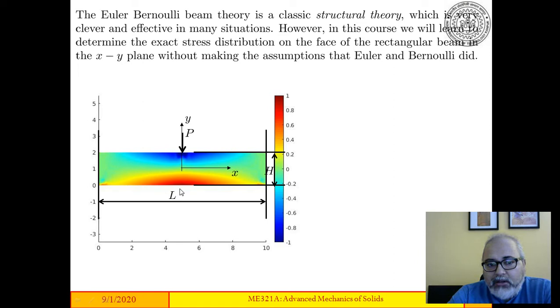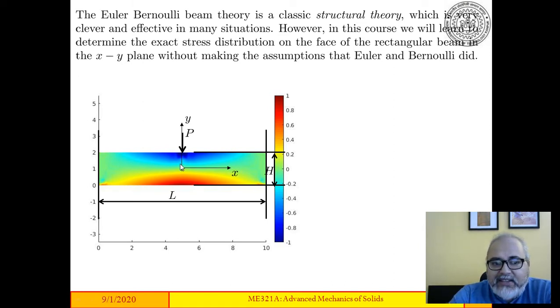In particular, look at this part. You can see that it's very dark blue here. It's very dark blue right below the load, and that's where, and we will learn in this course that whenever you have applied a load on a large body, a concentrated load on a large body, you get a region of extremely high stresses around the point of contact of the force with the body.